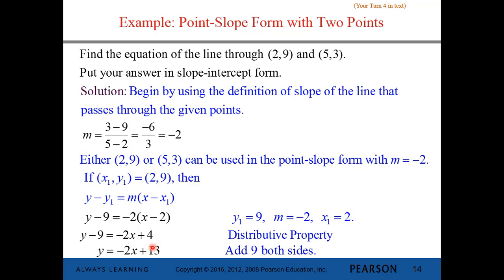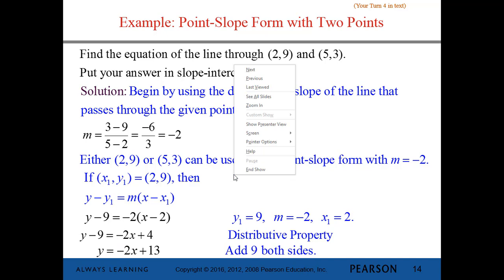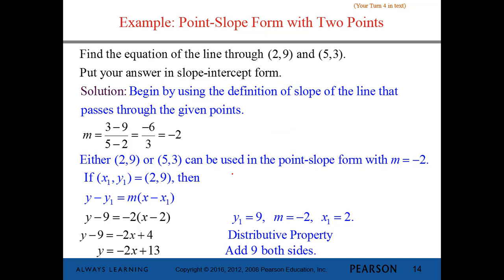Okay. Now, this is not the only way you could have done it. You could have also just written y equals, and then the slope is negative 2.